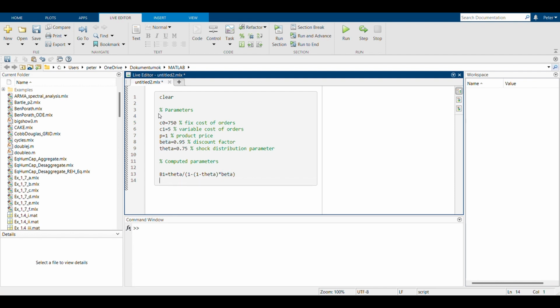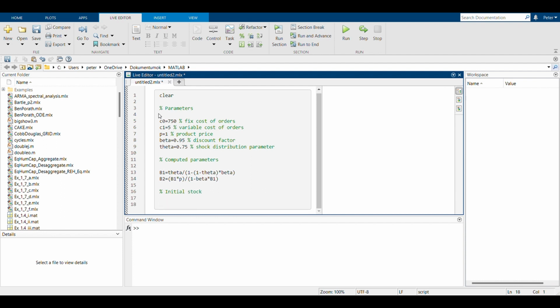Okay, so this is the first computed parameter, and B2 is B1 times P over 1 minus beta times B1. Okay, that's nice. We need to define the initial stock. This is an arbitrary number, let it be 50.